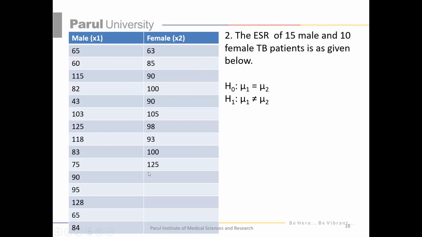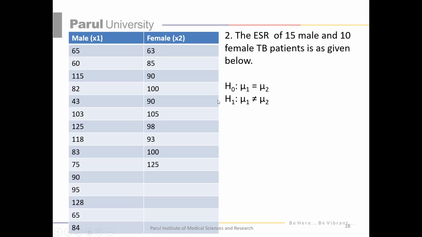In this problem, they didn't give any claim, so we assume a set of hypotheses in this way: on an average, ESR in male TB patients and female TB patients is equal.